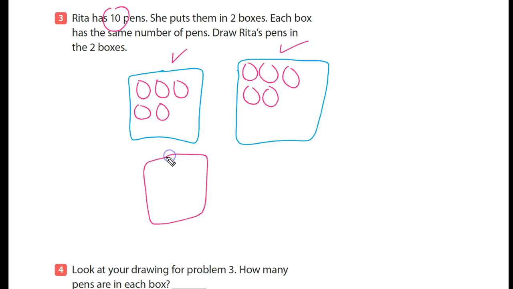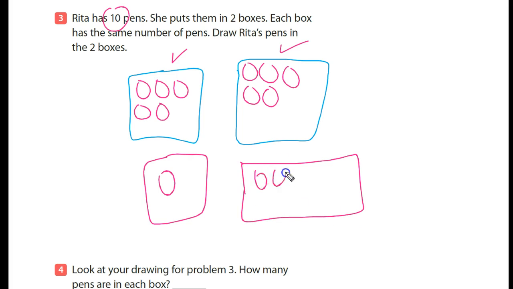Could I have done this? Could I have done that? No, because even though there's 10, it's not an equal group, is it?